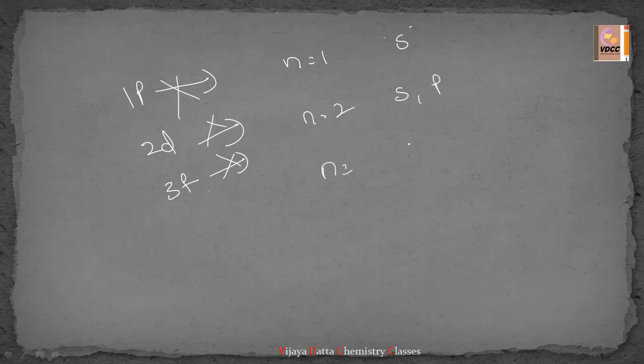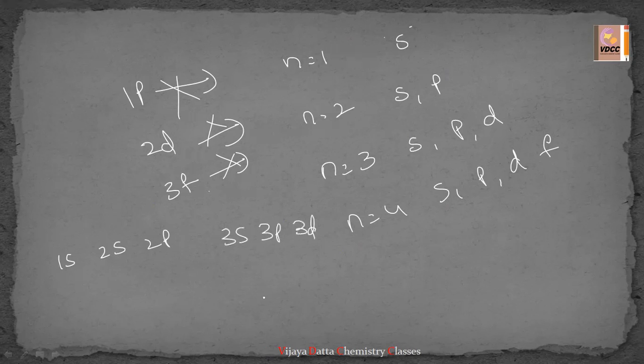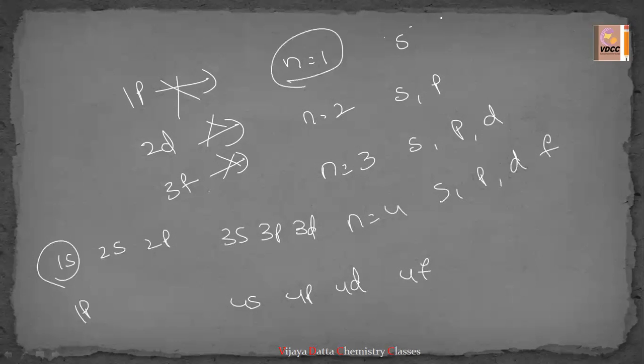When n equal to 3, there are s, p, d orbitals. When n equal to 4, s, p, d, f orbitals. That's why while writing the electronic configuration, we write 1s, 2s 2p, 3s 3p 3d, 4s 4p 4d 4f, like that. Why are we not writing 1p? Because when n equal to 1, there is no p orbital, only l has one value, that is 0. 0 means s orbital. That's why 1p is not existing.